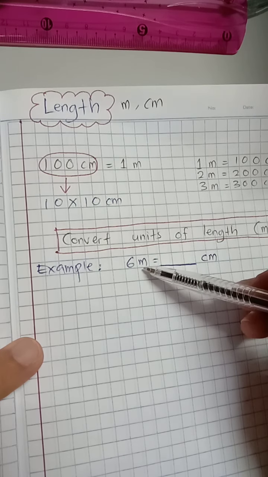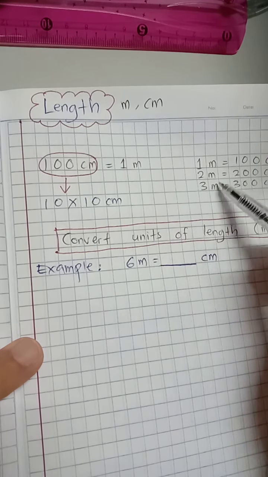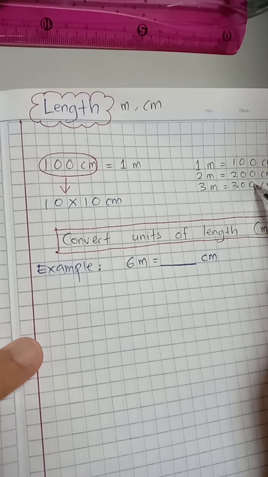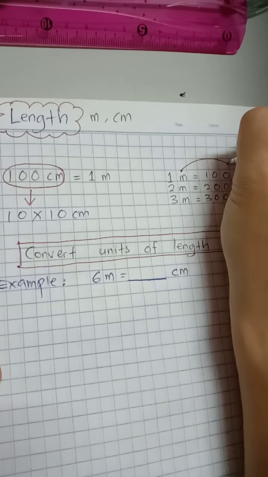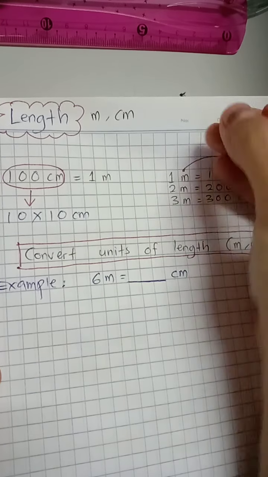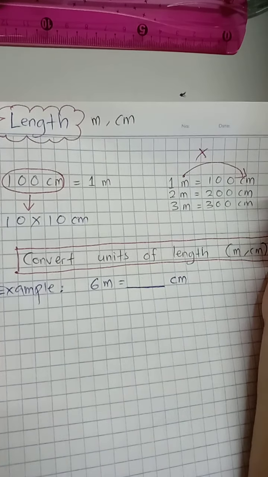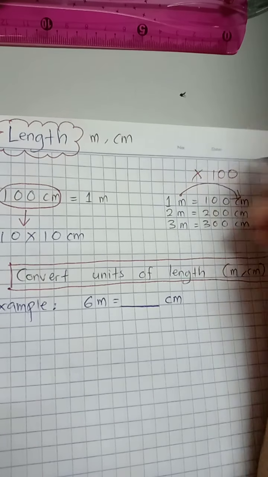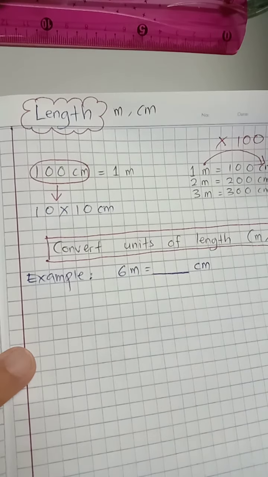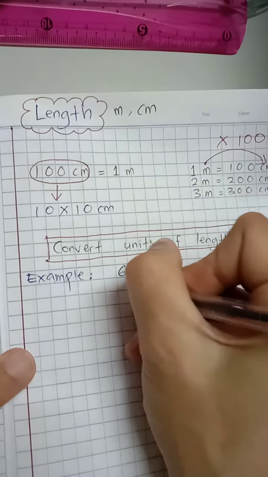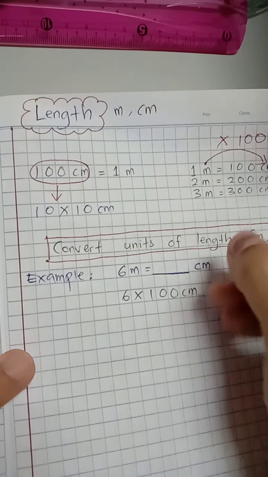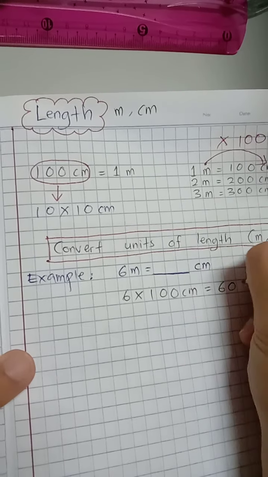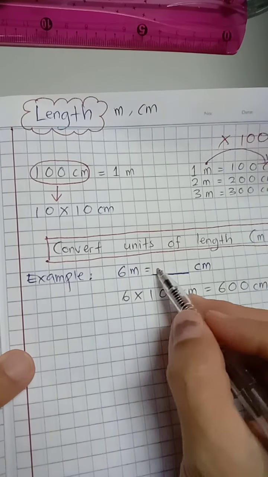So how actually does it become like this number? Easy. When meter changes to centimeter, you multiply by 100. So you show here 6 times 100 centimeter, and you will get the answer 600 centimeter.